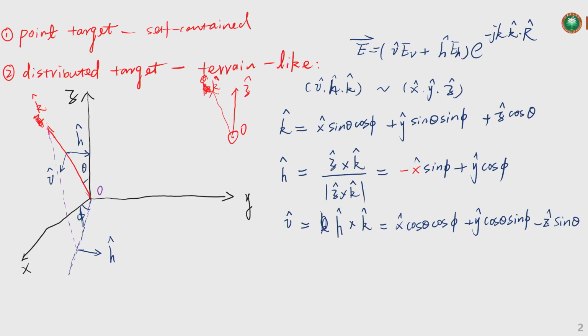Then we can express our electric field as a matrix, for example, with EV and EH.